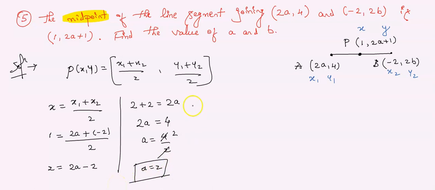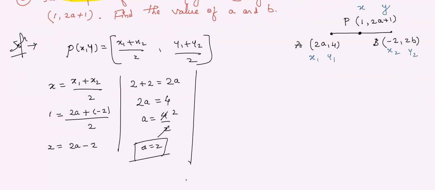Understood? They are asking us to find the value of a and b, right? We got the value of a. Now to find b, we have the coordinate y. We know that y is equals to y1 plus y2 by 2. What is the value of y? The value of y is 2a plus 1.